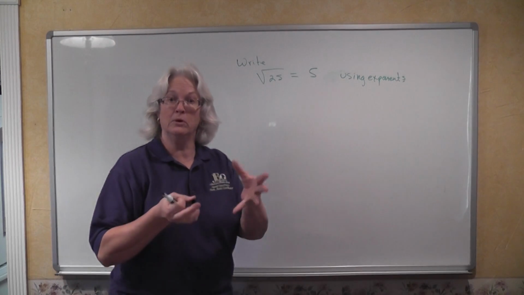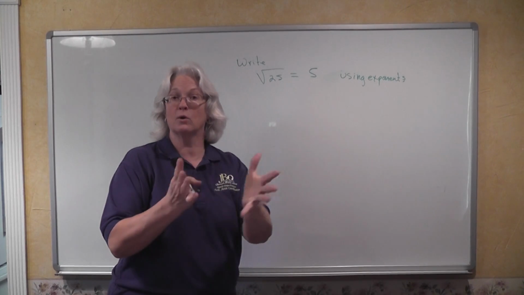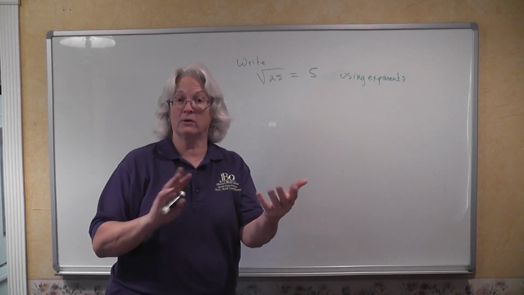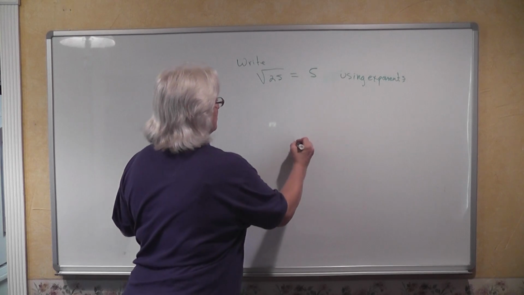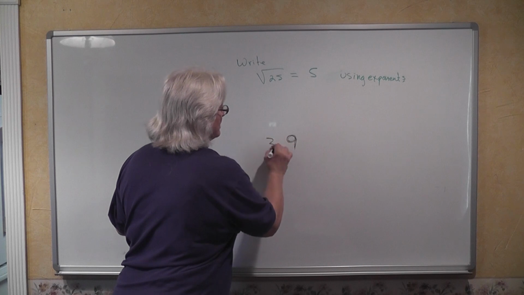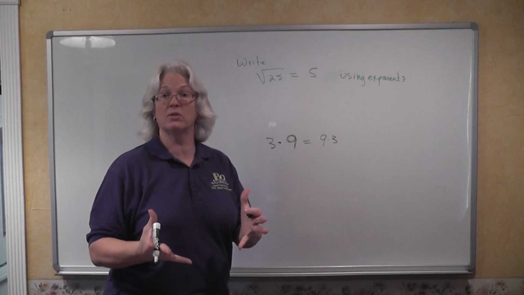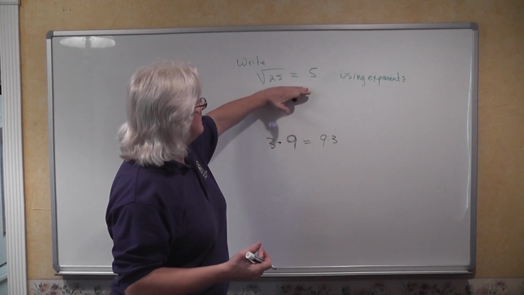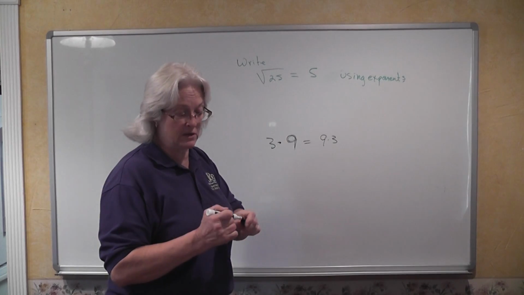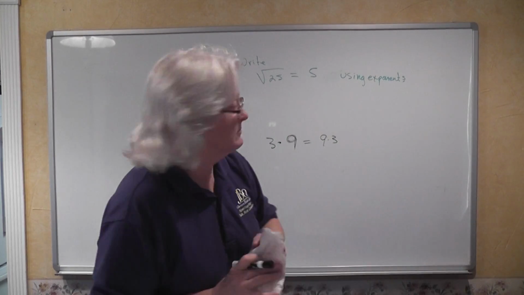Remember when we're talking with commutative property, associative property, and the distributive property, we said write an equivalent expression for 3 times 9 using the commutative property. How can you write it differently? Well, you said that 3 times 9, you could also write that as 9 times 3. They both mean the same thing, don't they? Well, see if you can write something that means the same thing as the square root of 25 is equal to 5, simply by using exponents.